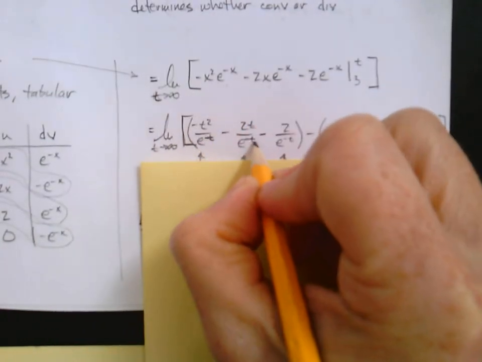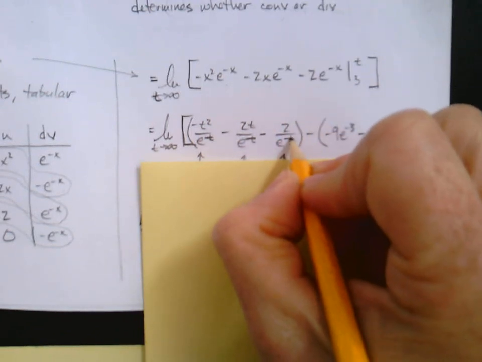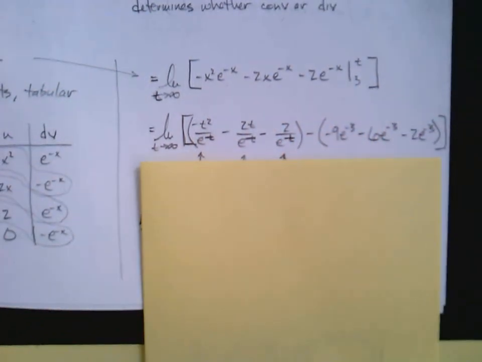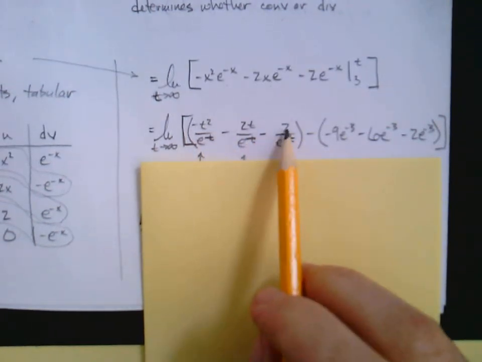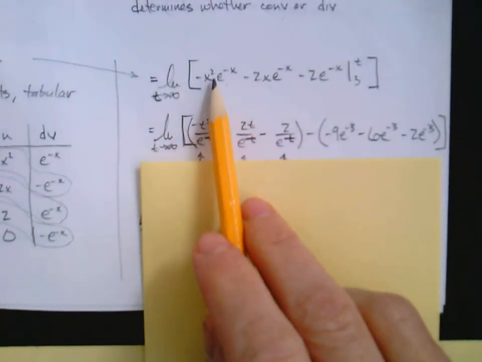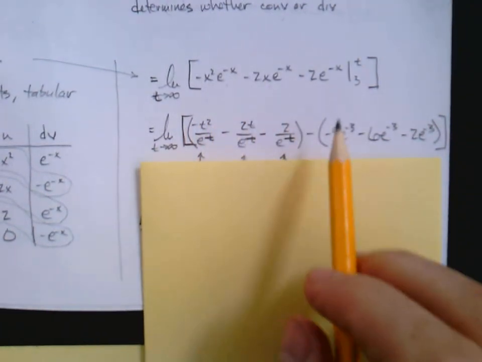Negative t squared over e to the t, 2t over e to the t. I don't know why I did this. I think using the negative signs is fine. But that's what I decided to do.